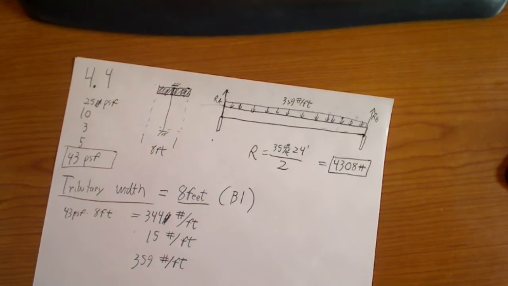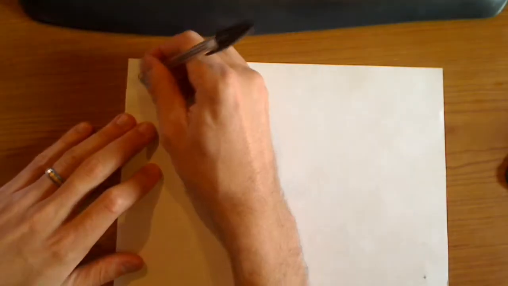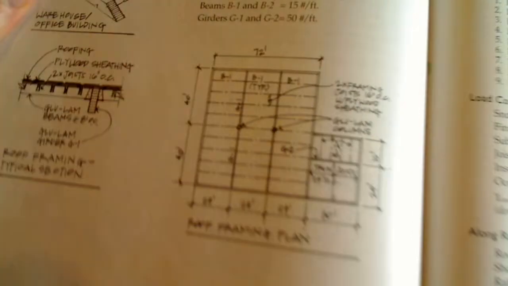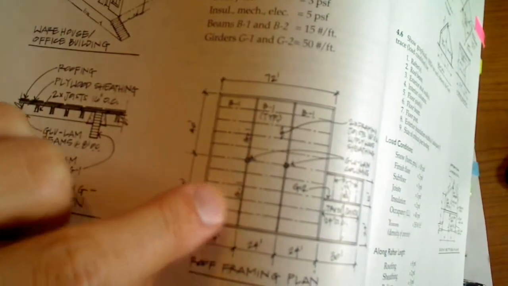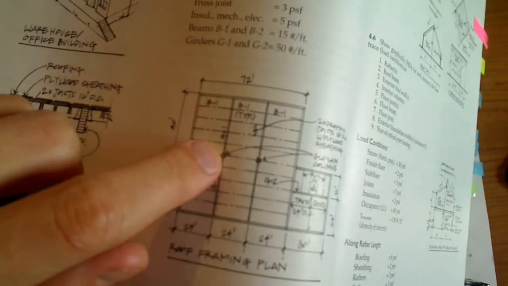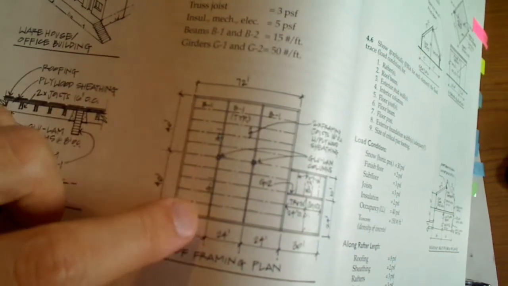So now let's look at the girders. I'll go ahead and go to a new page for that. I'm going to look at girder G1. In the problem, you can see G1 are these long vertical elements that run up and down here. They act like the walls, but they have these interstitial spacings. So G1 is supported in the middle by columns here and here, and by the walls on either end.